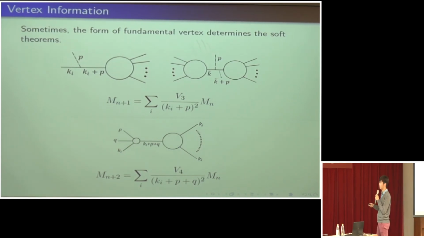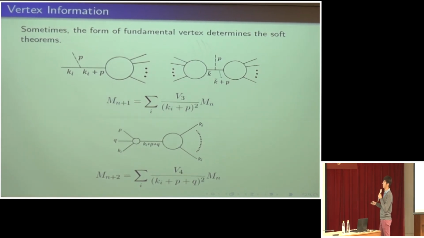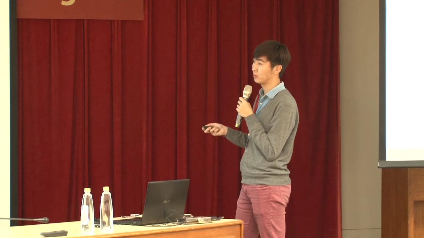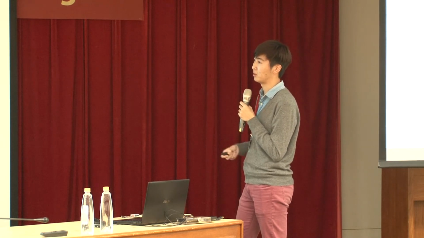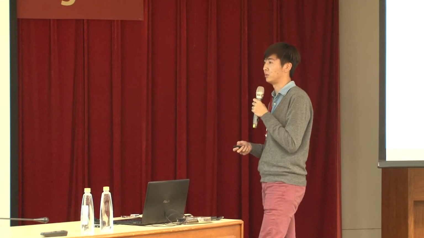For the pion, we do not use this diagram, but we use the symmetry principle. We use current algebra to directly derive the soft theorem, so even if it doesn't concern the vertex, for the pion the soft theorem will hold true at higher order.